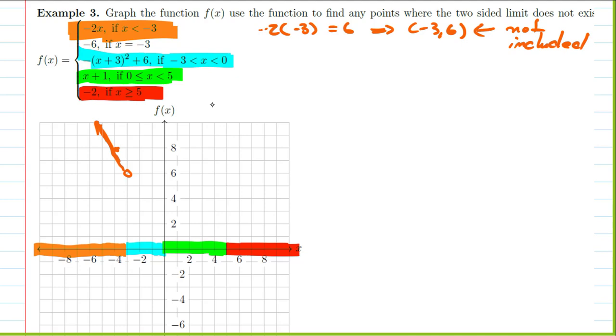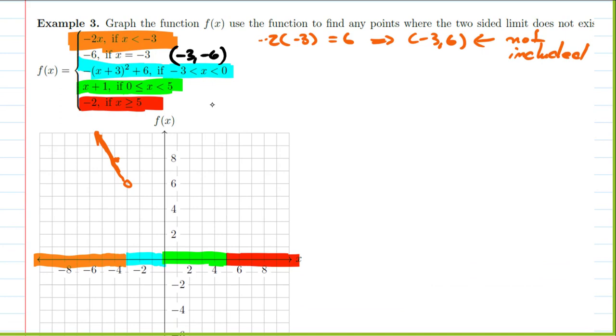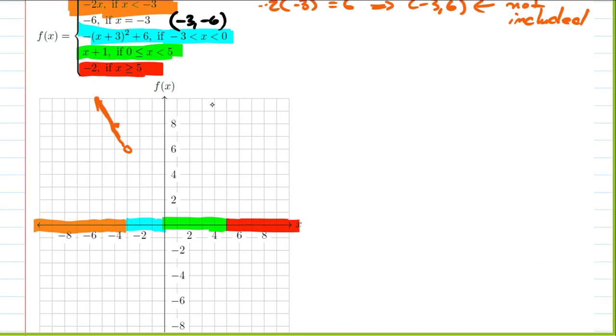So now I've graphed the orange bit. This next part says negative 6 if x is equal to negative 3. Well, then that's really just the ordered pair negative 3, negative 6. So I go to -3, -6, and I fill in that point.